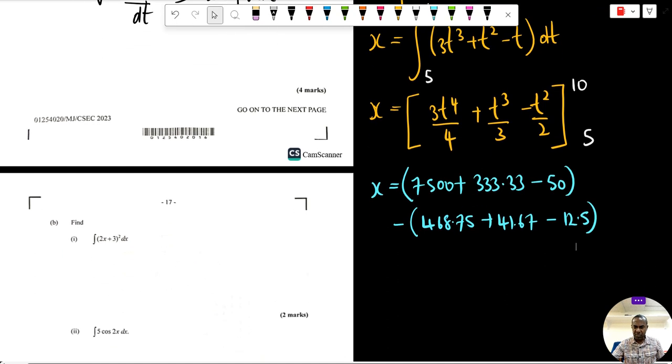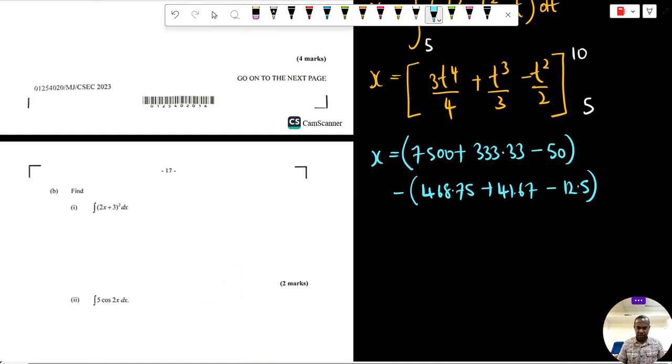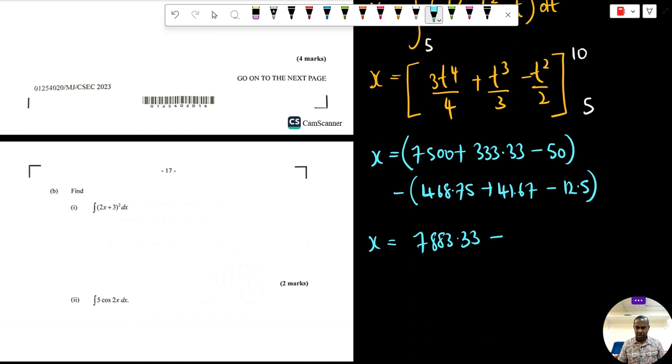And so we'll evaluate this. So in the first bracket, we basically have x equals 7,500 plus 383.33. So that's 7,883.33 minus, this one I have to go to my calculator, 468.75 plus 41.67 minus 12.5.